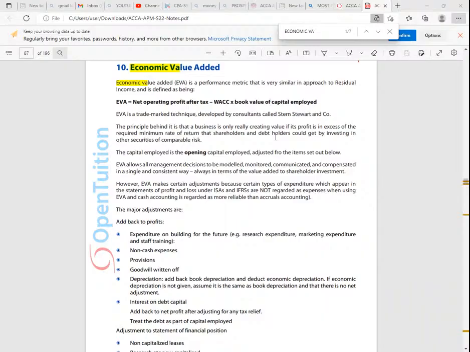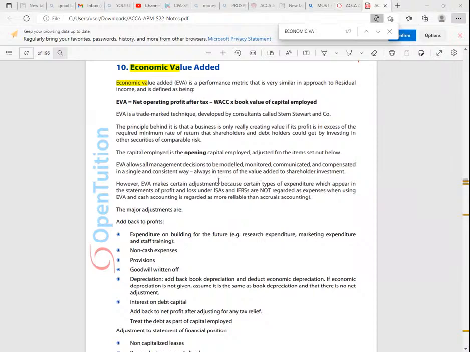The capital employed is the opening capital employed, adjusted for the items set out below. EVA allows all management decisions to be modeled, monitored, communicated, and compensated in a single and consistent way, always in terms of the value added to shareholder investment.